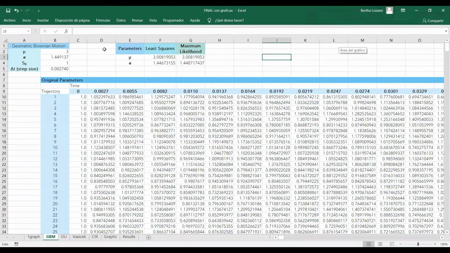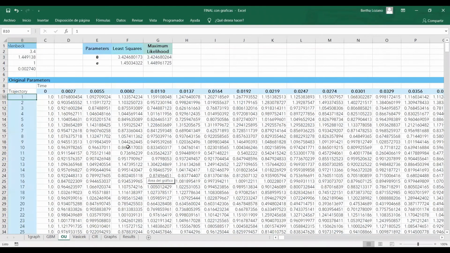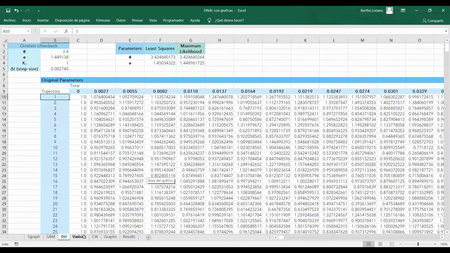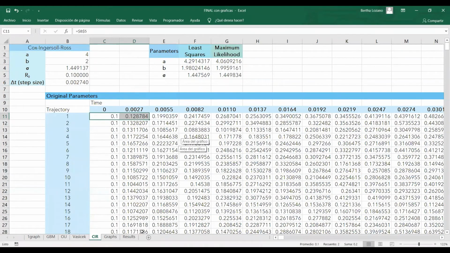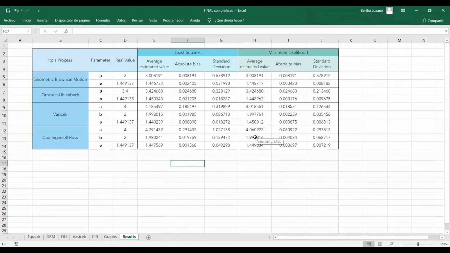So the function takes the parameters from here and prints them here. Here's for the geometric Brownian motion. Here's for the Ornstein-Uhlenbeck, Vasicek, and Cox-Ingersoll-Ross. And here we have a table with all the results.